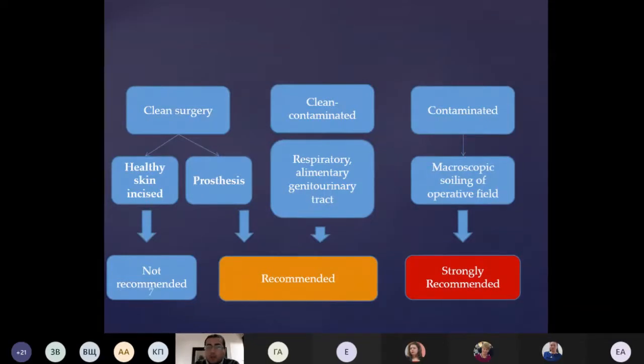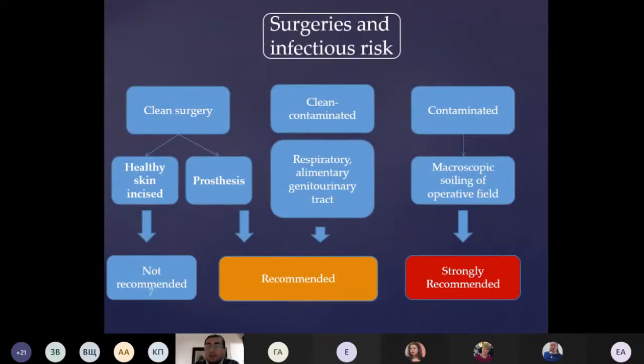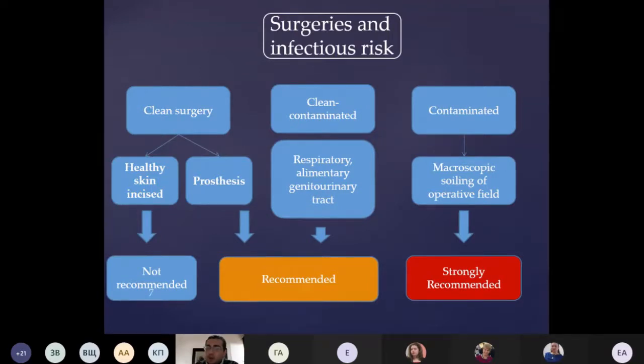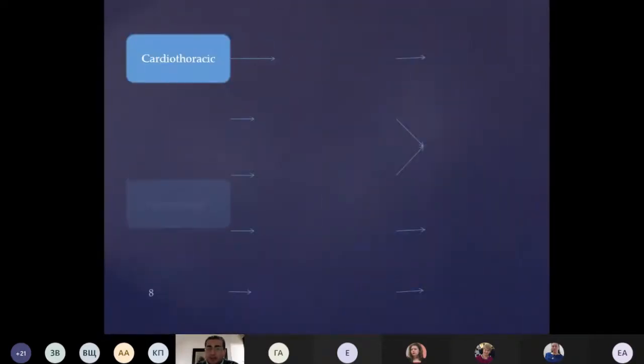If prosthesis, we can recommend antibiotics. If clean contaminated, involving respiratory, alimentary, or genitourinary tracts, we can recommend antibiotics. Contaminated surgery, with microscopic soiling of the operative field, for example in peritonitis, strongly recommends antibiotics.